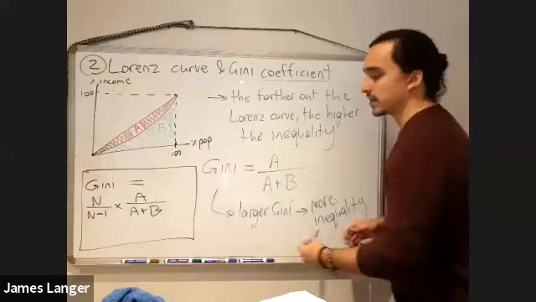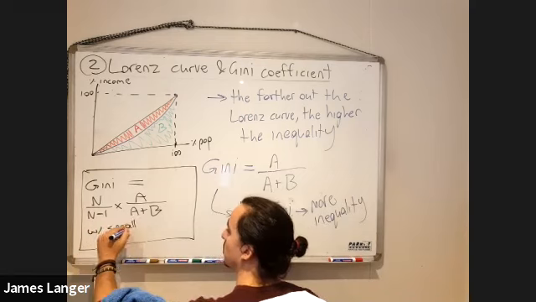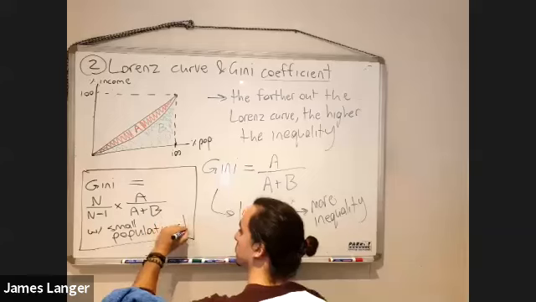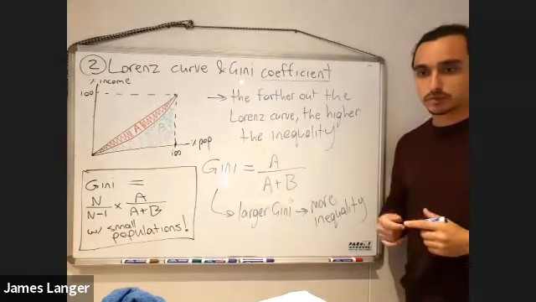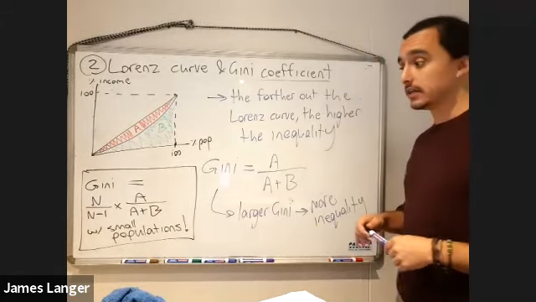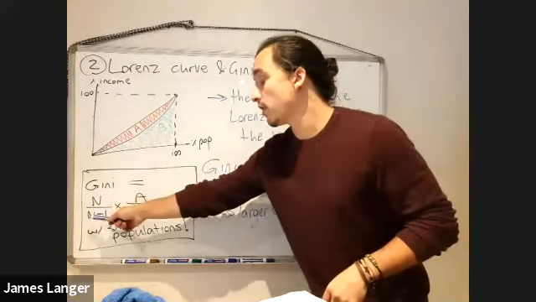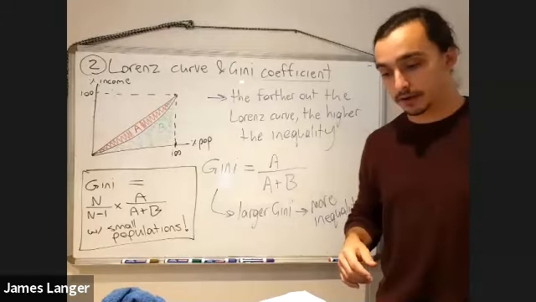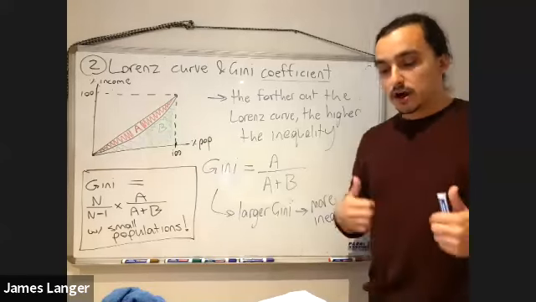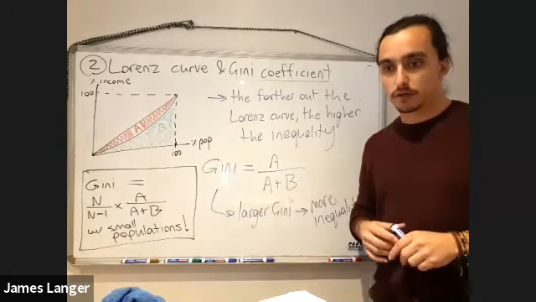But if we're dealing with a small population, with n being the population size, thank you, Jessica, n is the number of people in the population, and we're going to take n over n minus 1 and times it by a over a plus b. All right. Are there any questions? Is everyone happy? If everyone's good, then we're going to move on.